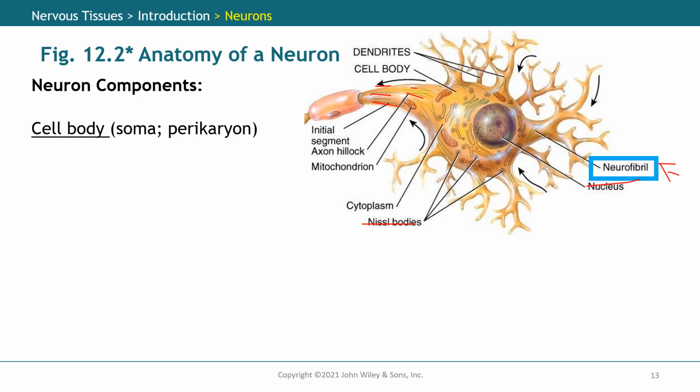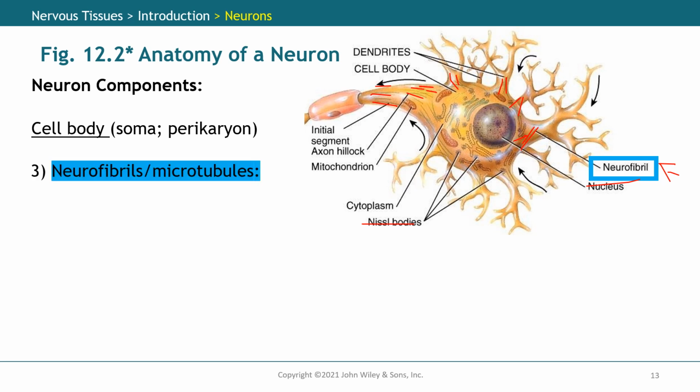There are these threads that you can find not only in the axon, you also find them going from one dendrite to another one, and they are very important to transmit the signal and are also important to keep the shape of the neuron. So in other words, this is a specialized cytoskeleton of the neuron.